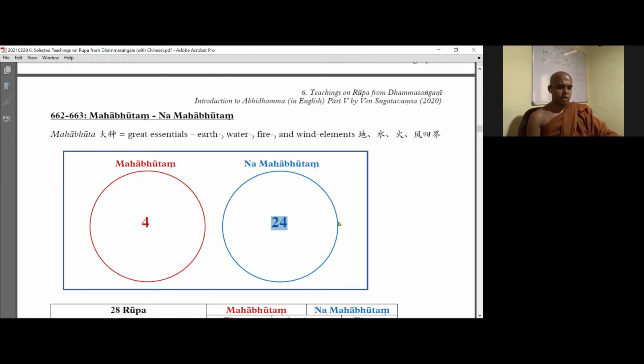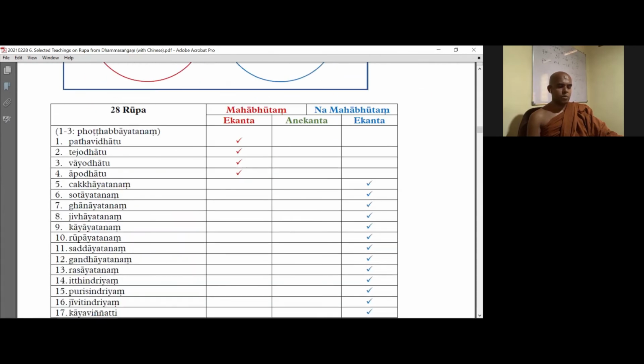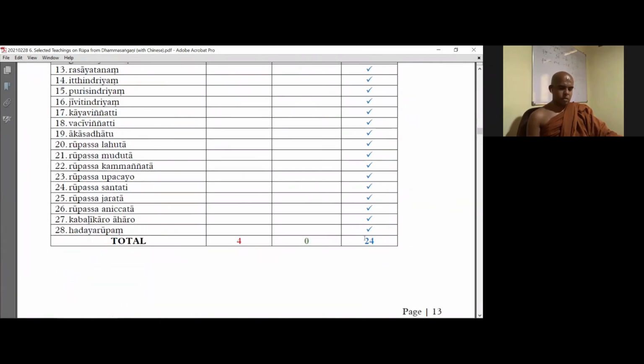According to the chart also, Pathavi Dhatu, Apo Dhatu, Tejo Dhatu, Vayo Dhatu are called Mahabhuta. All others are called na Mahabhuta. This is the explanation according to the Dhammasangani book.